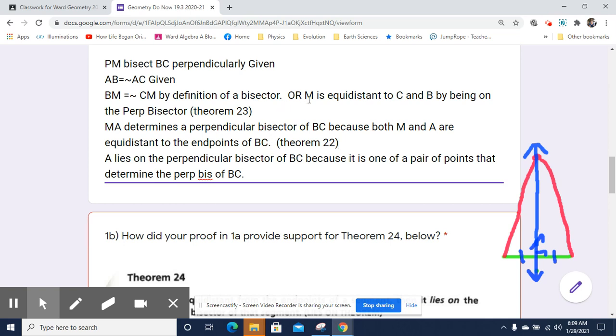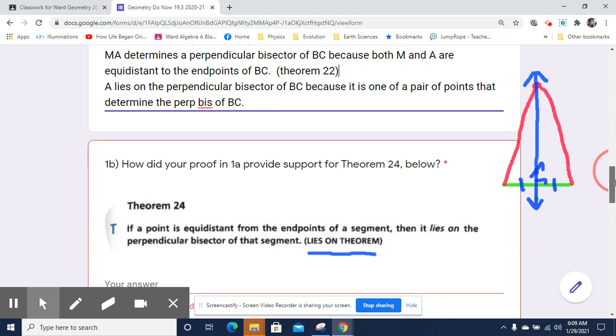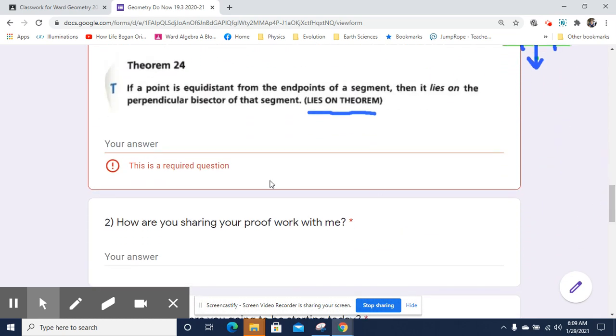So theorem 23 demonstrates that M is equidistant because it's on the perpendicular bisector. And now we have one point that's definitely on the perpendicular bisector. And then A is equidistant. So the combination of A and M can put together a line for the perpendicular bisector.